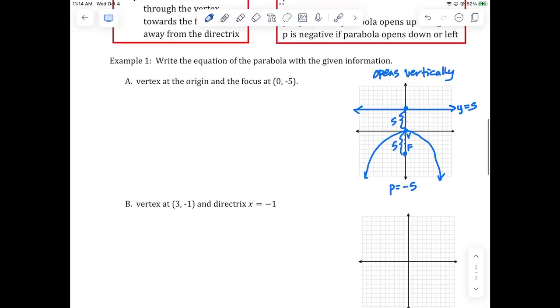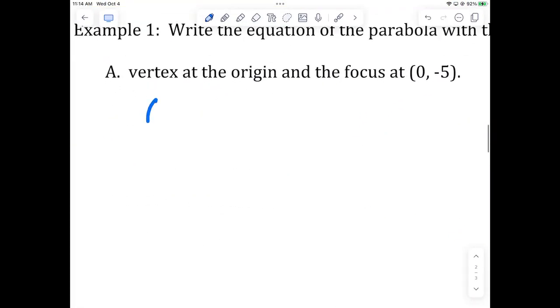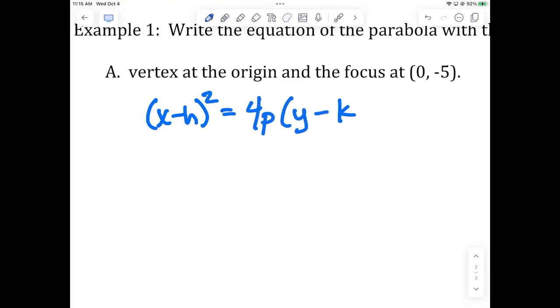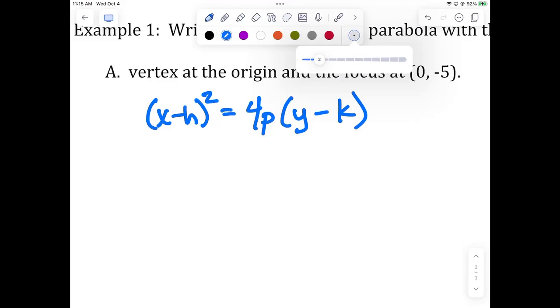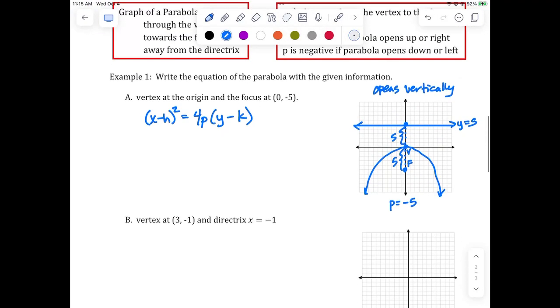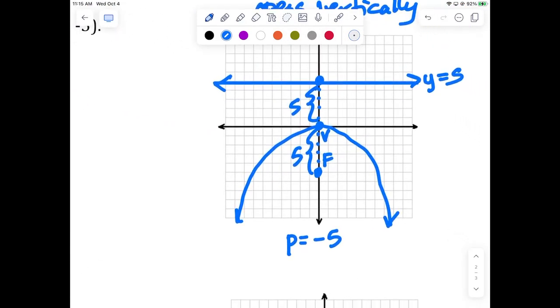All right, so I'm going to bring that down here, and I'm going to write the template. It's x minus h squared equals 4p times y minus k. There's my template. All right, what do I do with the template now? Well, I plug in. Do I know the vertex? Let's see. The vertex is at (0, 0).